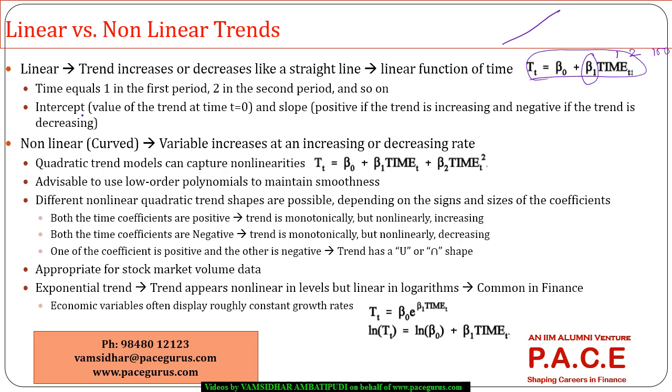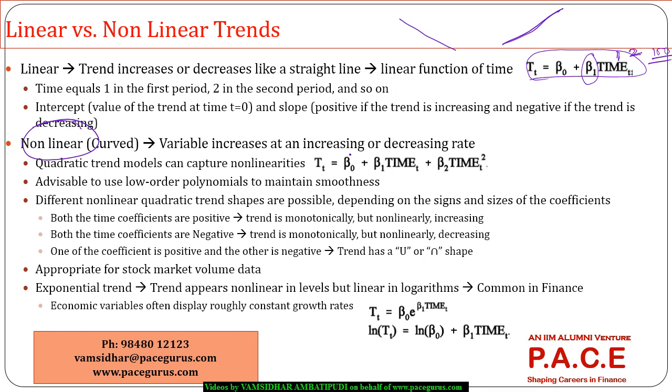If I am talking about monthly data, the first month I'll represent by 1, the second month by 2, the 100th month by 100. So this equation has an intercept, which is the value of the trend when time equals 0, and a slope, which will be either positive or negative. If it is positive, I'll get a graph which is like an increasing trend. If it is negative, I'll get a graph which is more like a decreasing trend with time.